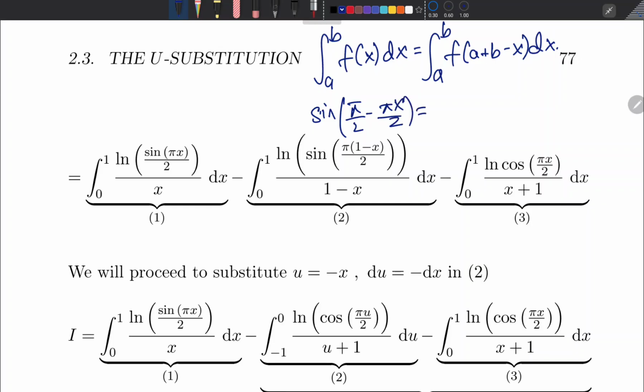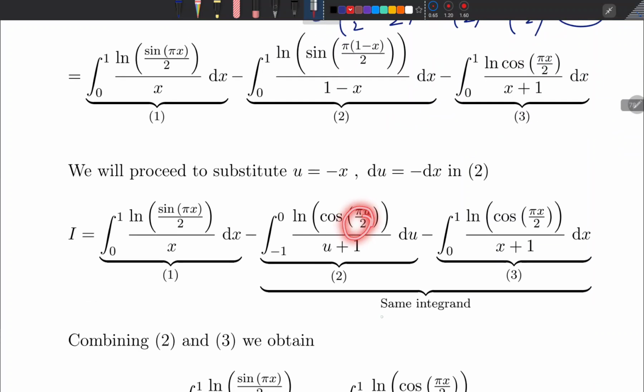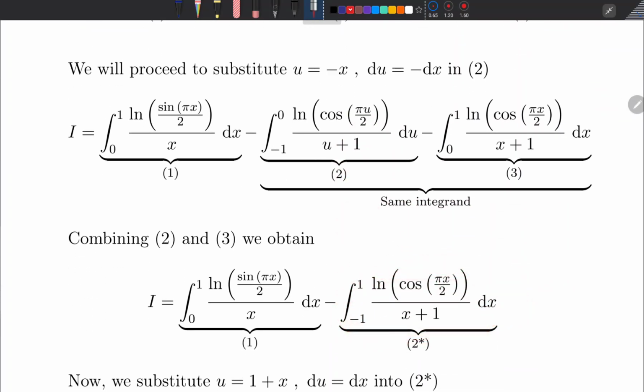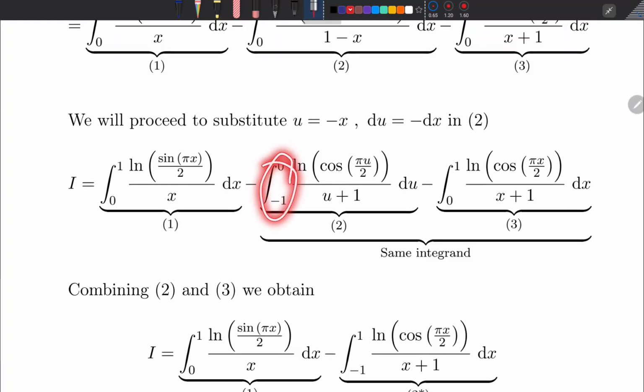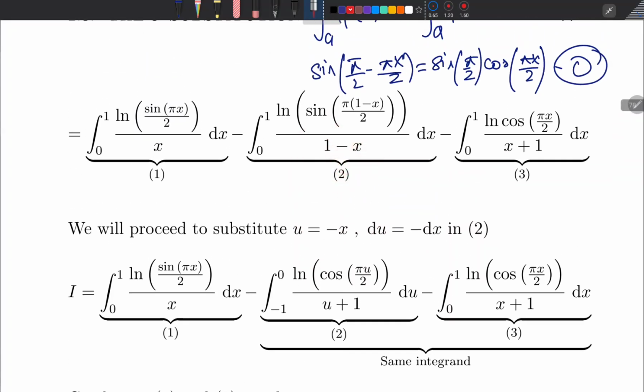This can be expanded as sine of pi over 2 cosine of pi x over 2 minus cosine of pi over 2 sine of pi x over 2. Cosine of pi over 2 is 0, so we cannot consider that one, and sine of pi over 2 is 1. So this part comes out to be cosine of pi x over 2, and that's why we have this one over there with the same integrand. Obviously the limits would be changing because of what we have done there.